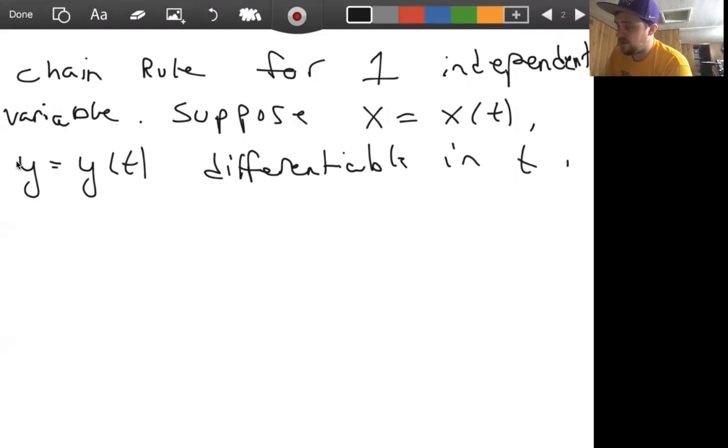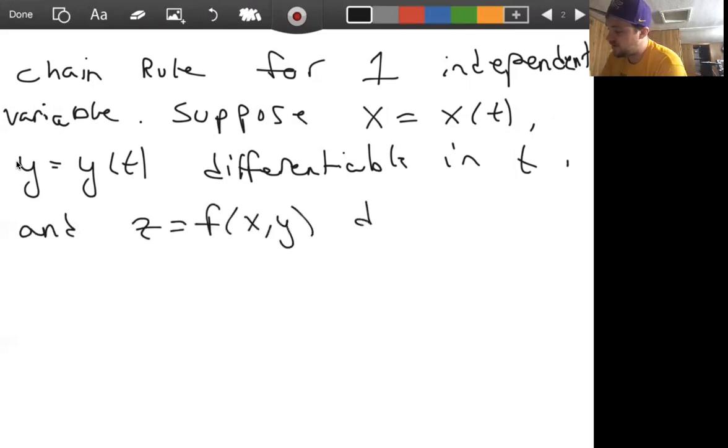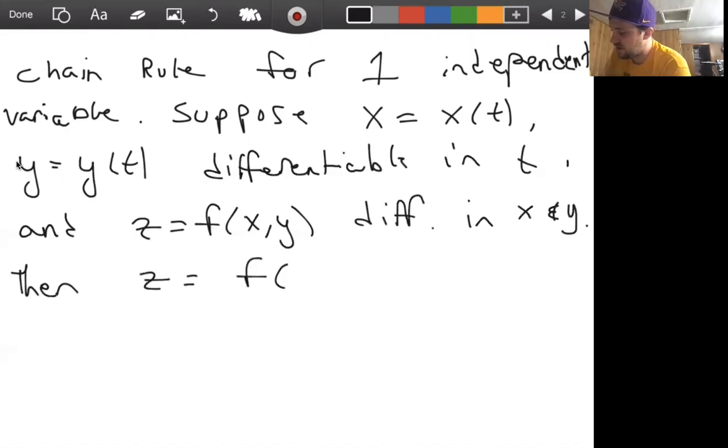Let's also suppose that z, which is f of x, y, is differentiable in x and y. Then we can write z as a function of t by saying it's x of t, y of t.